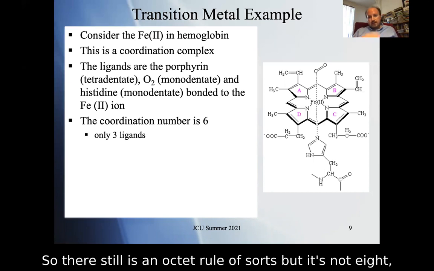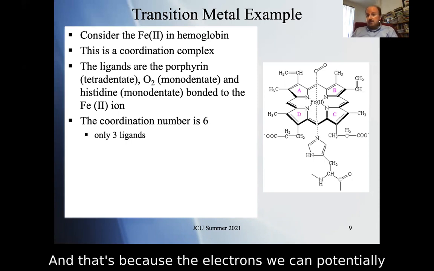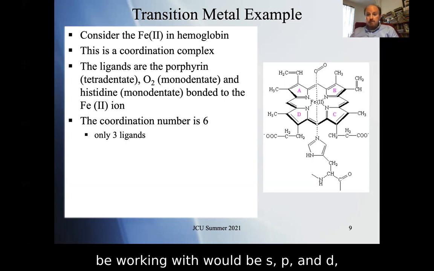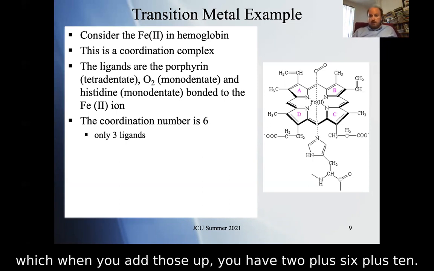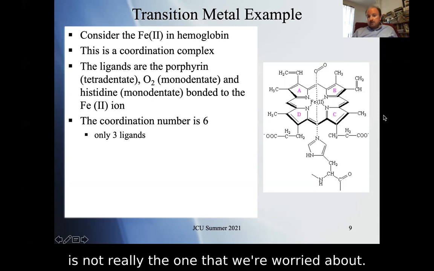So there still is an octet rule of sorts, but it's not 8, it's actually 18. That's because the electrons we can potentially be working with are s, p, and d, and when you add those up, you have 2 plus 6 plus 10. So the octet rule in transition metal chemistry is not the one we're worried about.